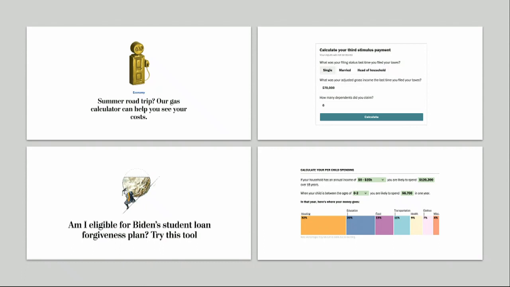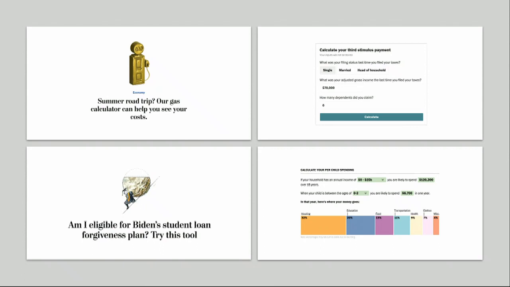Or the stimulus pay, how much you would get from the stimulus payments at the beginning of the pandemic, the student loan forgiveness plan, whether you are able to get that or not, et cetera. Or how much a child costs, which was really sad for me because I have 3 children, and when I saw how expensive they are, I love them more, but okay.